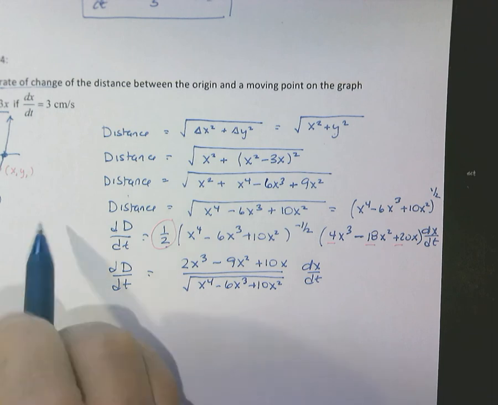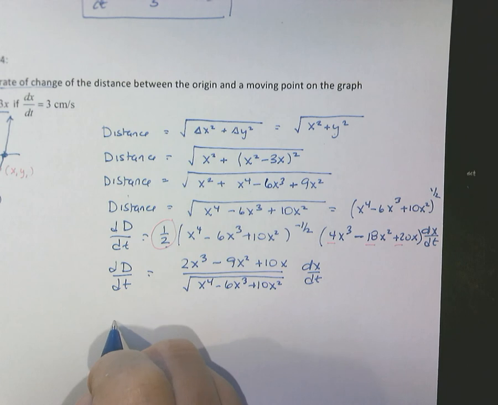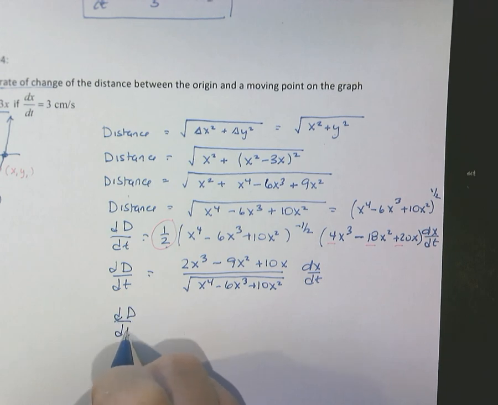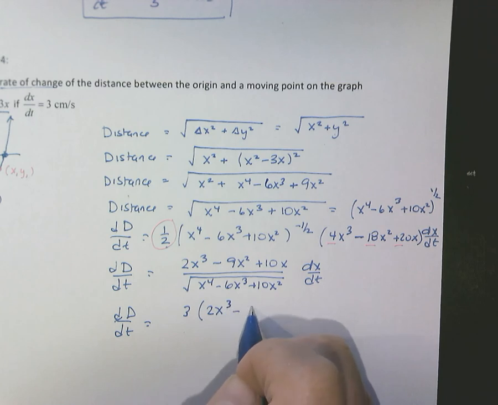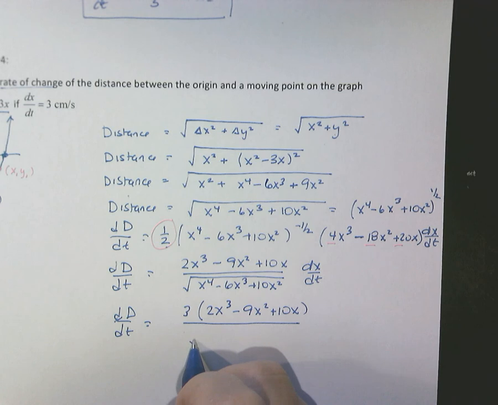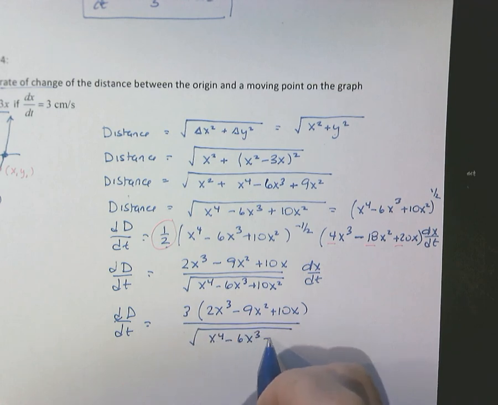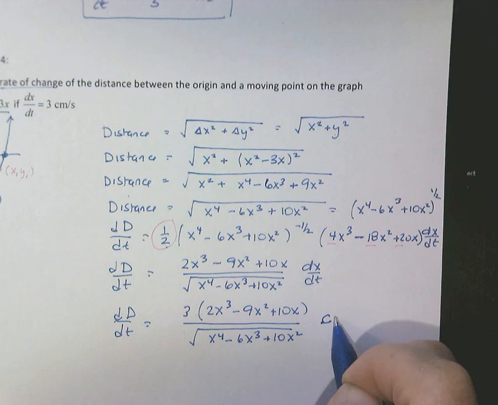So all I'm looking for here is I'm going to type in 3 centimeters per second for dx/dt. And I just like to keep it out front. I don't need to distribute. And the units will be centimeters per second.